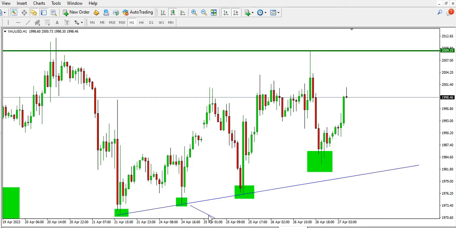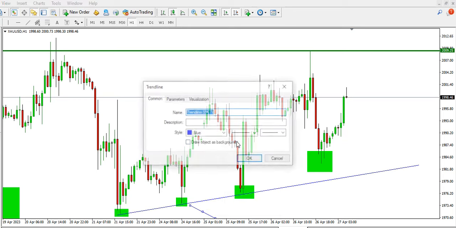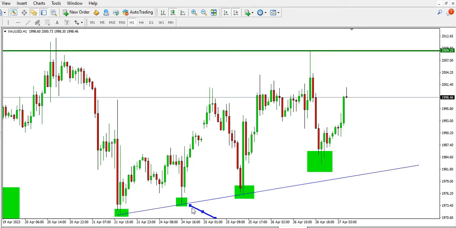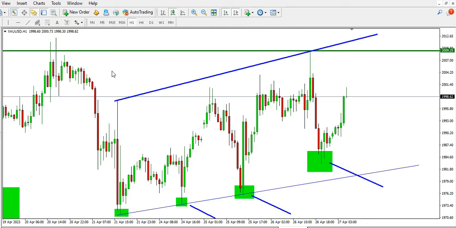Buyers stepped in around here to push price up. The buyers also stepped in here, and the fresh, most recent step-in of the buyers is around here. So this shows that this particular channel is still in play.